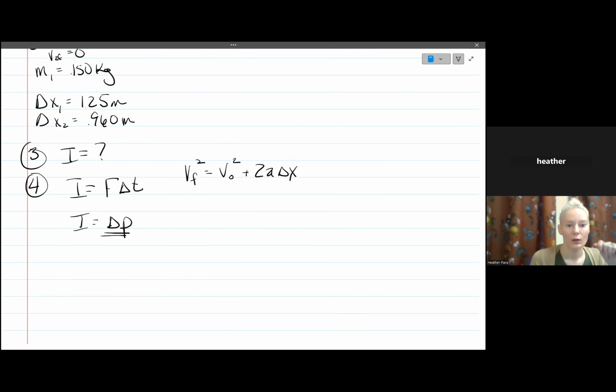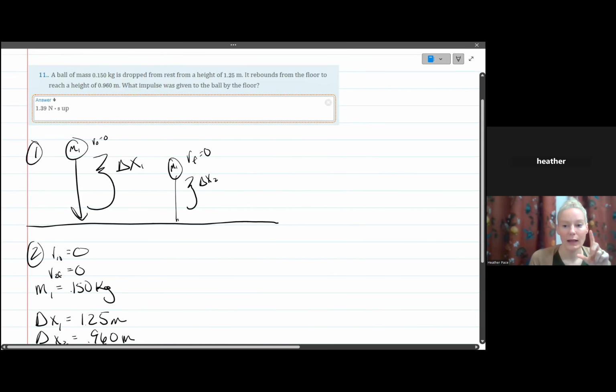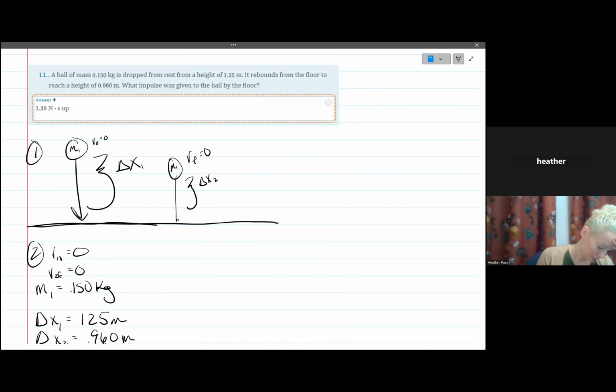We do need to define on our picture, which I'm just realizing I didn't do, a set of what's positive and negative. So we'll say this is negative, this is positive. Okay, let's go.